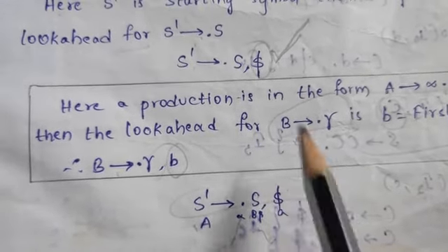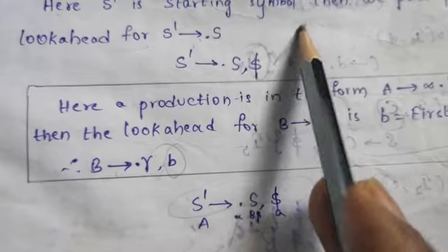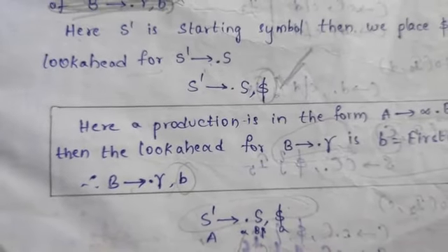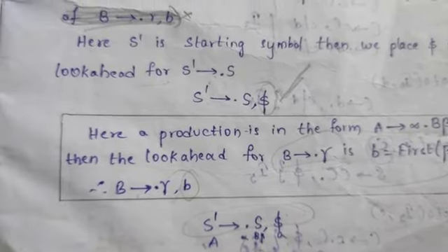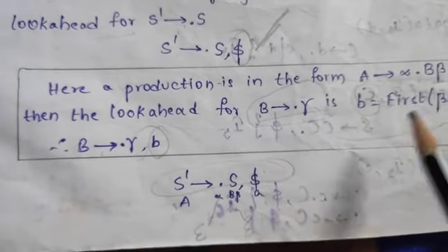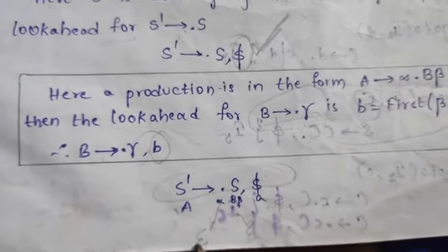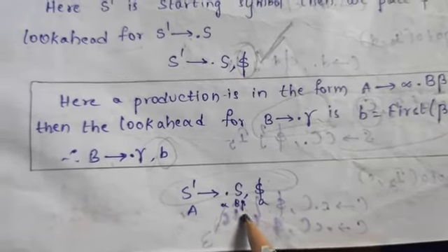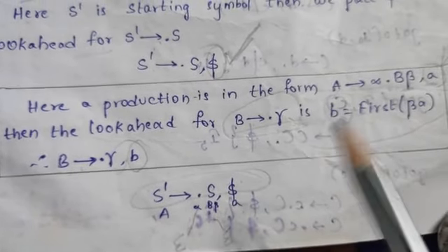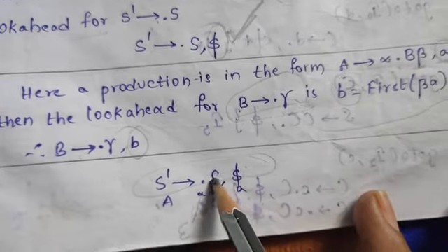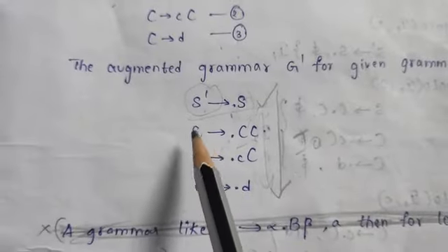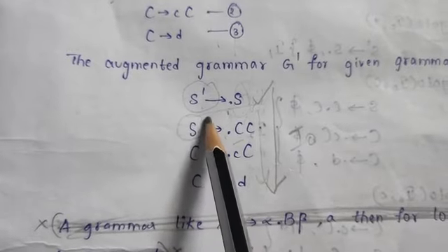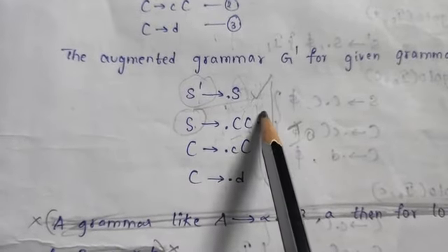You already constructed this in the first step by taking the starting element. For the starting production we have a dollar by default. In this case it is converted into the form A tends to alpha dot B beta comma a. Now in the B position we have S, so we need to find the look ahead for S in the next production.